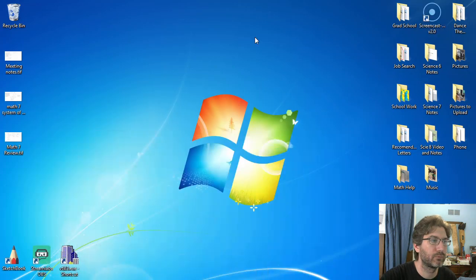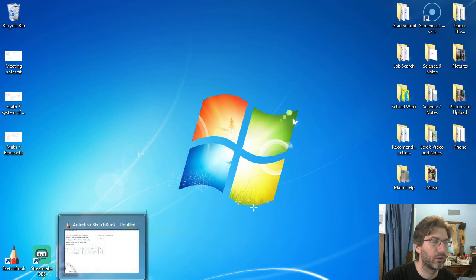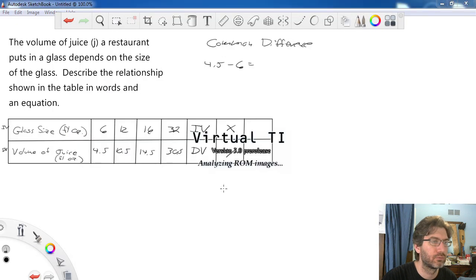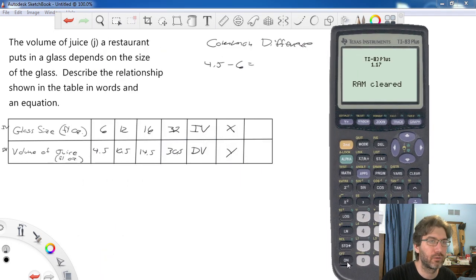Show calculator, just so we can see it. Right, so you can do 4.5 minus 6 and you get negative 1.5.